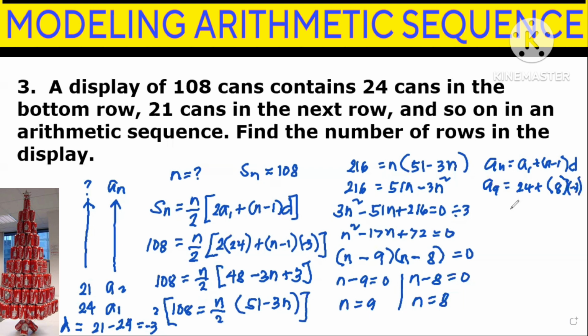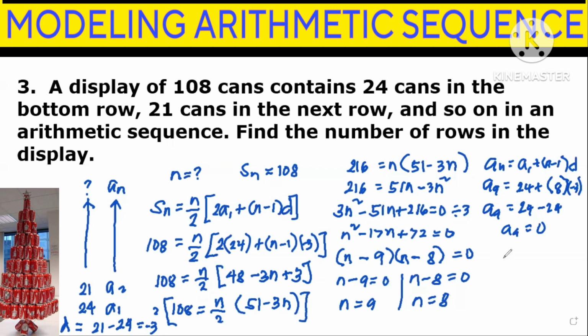Ano nangyari? A sub 9 is equal to 24 minus 24. So, nag-0 ang ating a sub 9, which means that pagka meron pa tayong 9th row, we don't have any more cans to display. So, this is not possible, no?